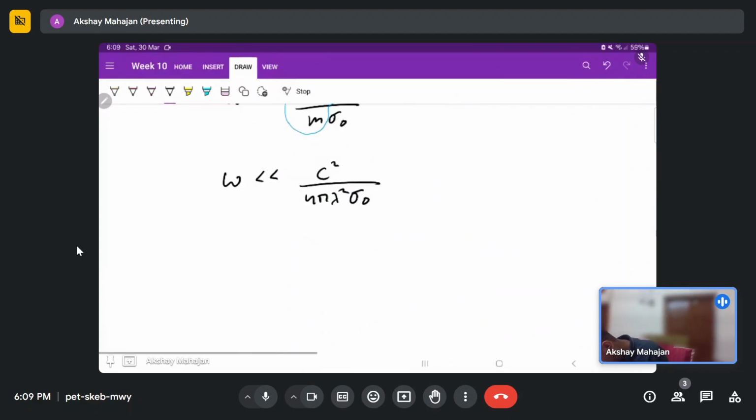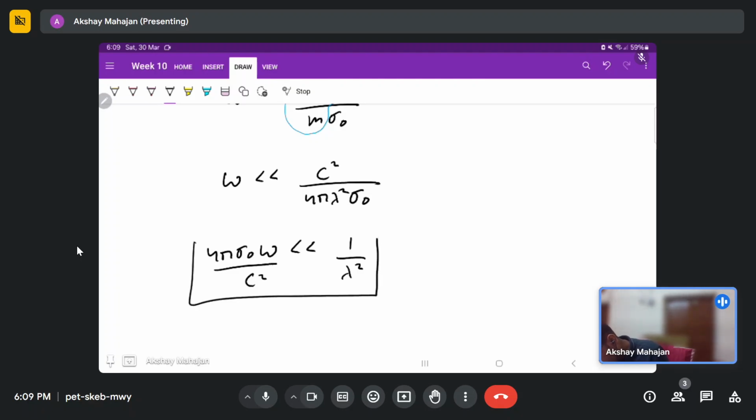Then I can take this 4 pi sigma naught here, so 4 pi sigma naught omega is going to be much less than c square by lambda square. So 4 pi sigma naught omega divided by c square is much less than 1 by lambda square.